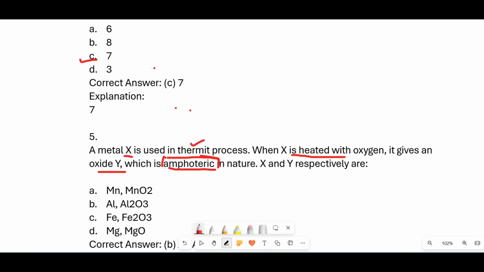Manganese is not amphoteric. Among all these, aluminum is amphoteric. Al, Al2O3. So Al, when you heat with oxygen, aluminum oxide, Al2O3, will form, and this oxide is amphoteric in nature. So X and Y respectively are aluminum and aluminum oxide. So the correct answer is B.